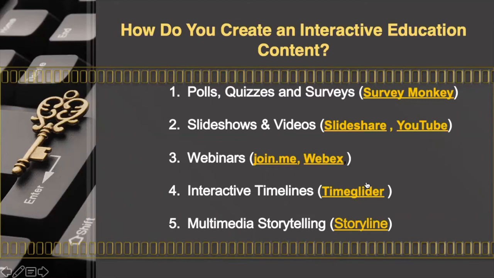The first one is polls, quizzes, and surveys. A very simple way to engage anyone is to ask them a question about an issue that interests them, then provide an answer. Polls may seem like a simple device, but appropriately used, they can surprise, involve, and even motivate.